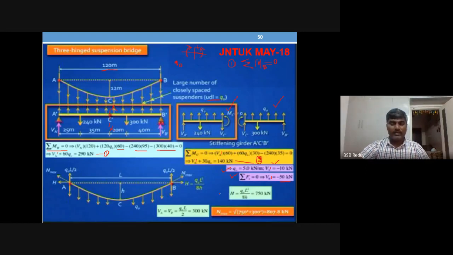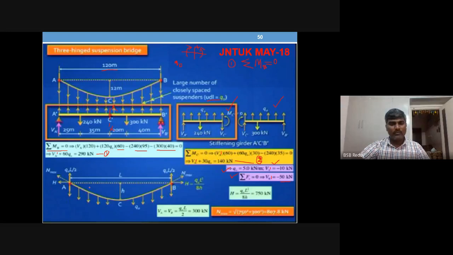So this is regarding finding reactions on the girder. There are three reactions on the girder now, the support reactions and also the reaction from the suspenders. This is extra added. So three reactions we have found: Q naught, VA dash, VB dash.